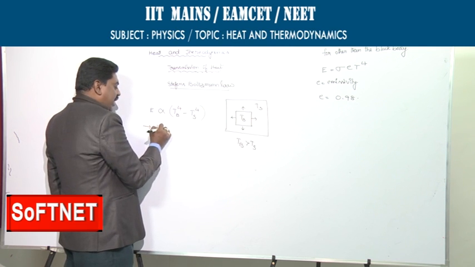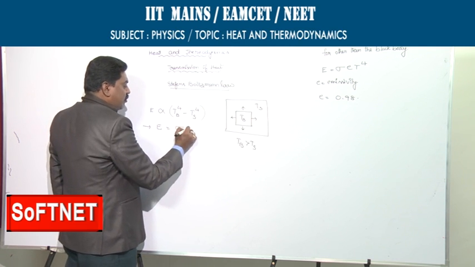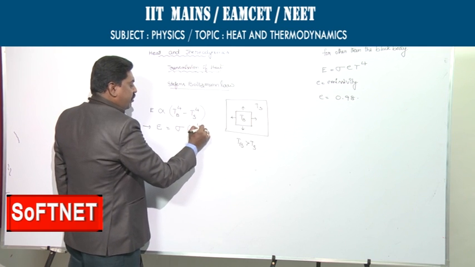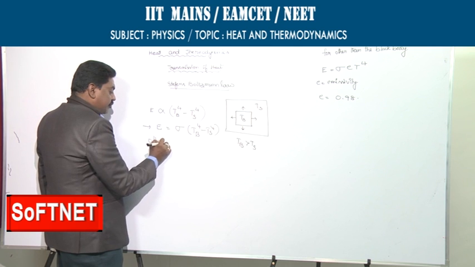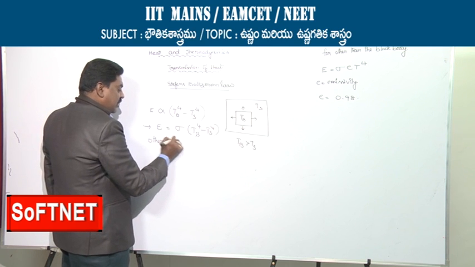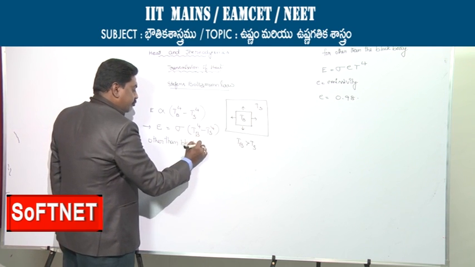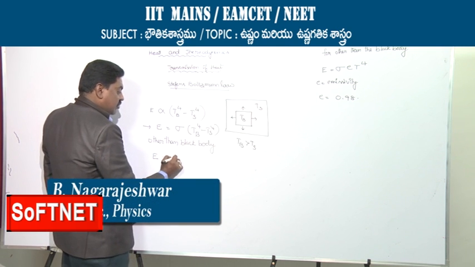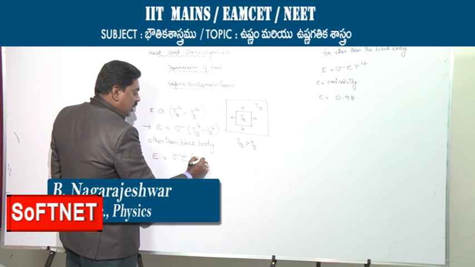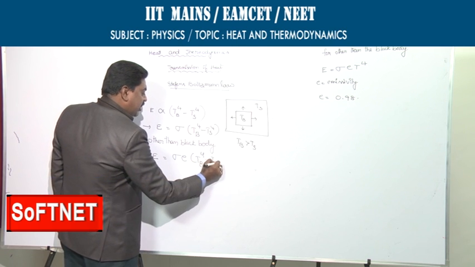Then we obtain E equal to sigma into Tb power 4 minus Ts power 4. For a body other than a black body, E is equal to sigma e into Tb power 4 minus Ts power 4.